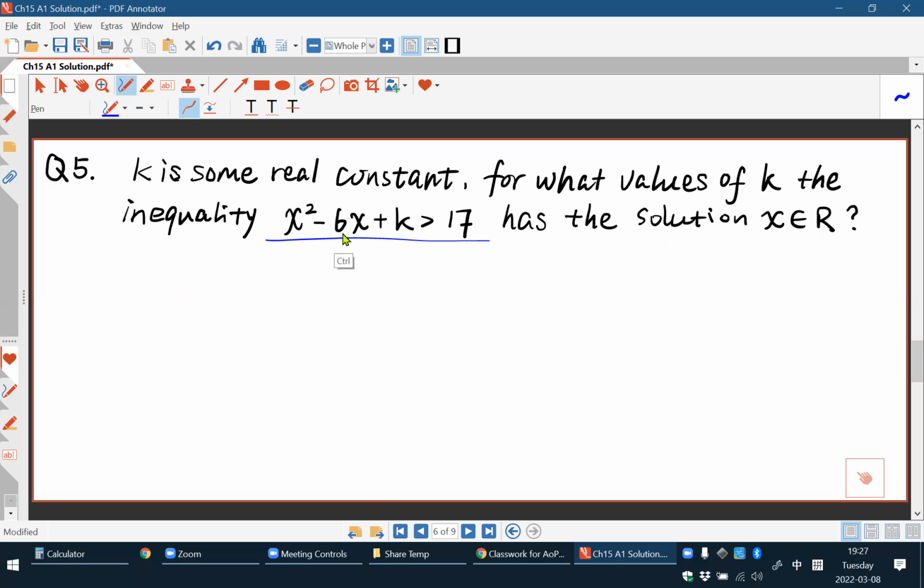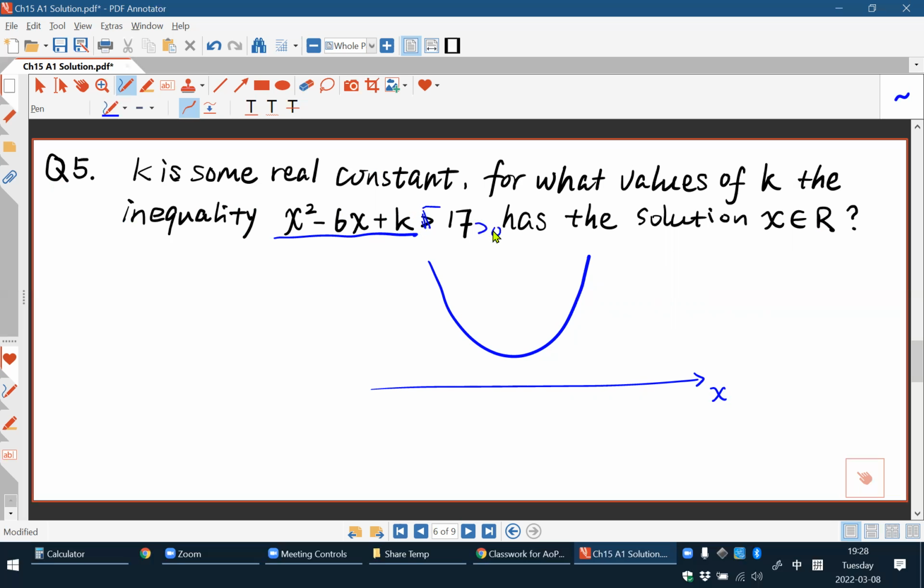So the left side is a quadratic function that opens up, right? If this whole function is above the horizontal axis, then apparently the solution must be the whole real number set, right?